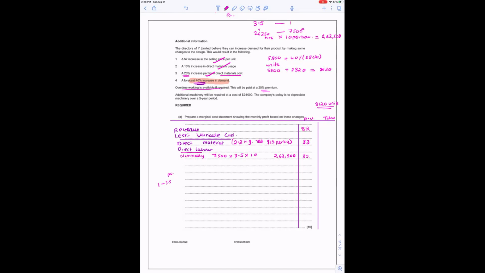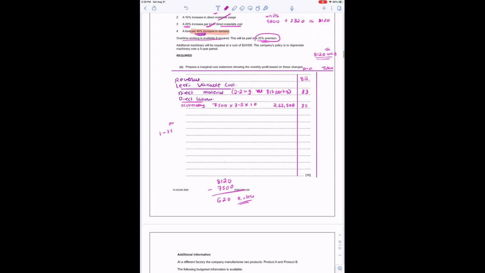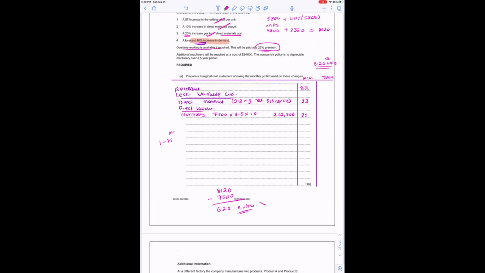Now, if overtime is there, they will be paid 25% the premium. Now I'm going to produce 8120 units. 7,500 is my normal units. 8120 minus 7,500, I'm going to produce 620 extra units. 620 extra units, okay, per unit is going to take 3.5 hours, but I'm going to pay them 25% premium.